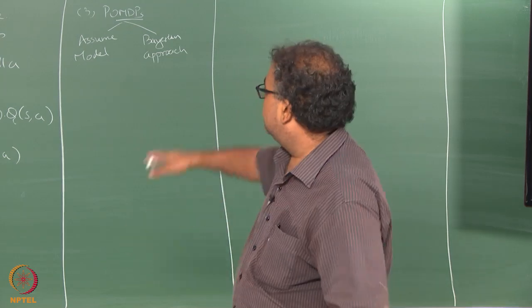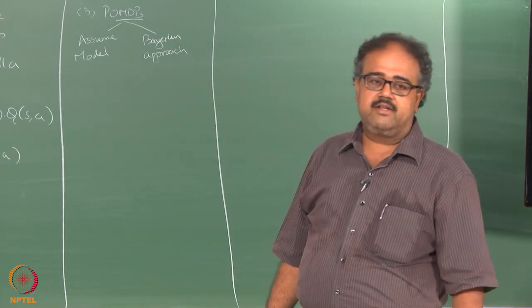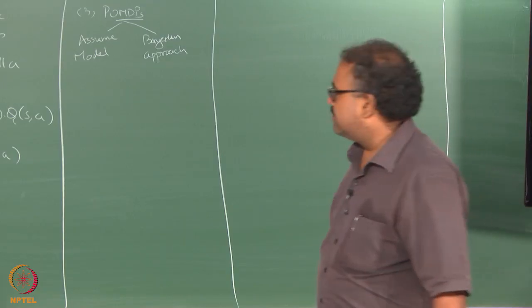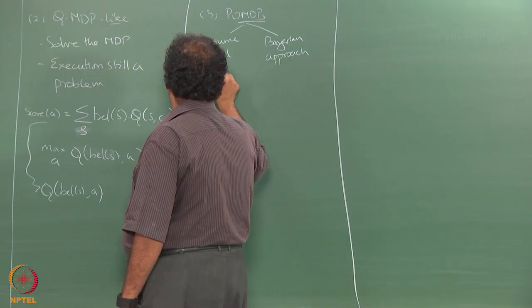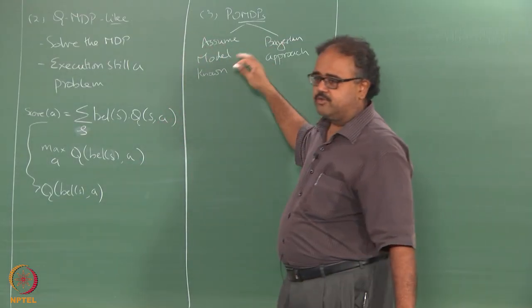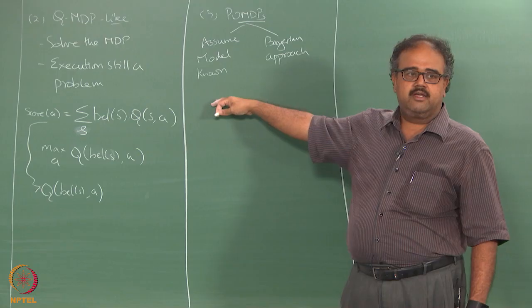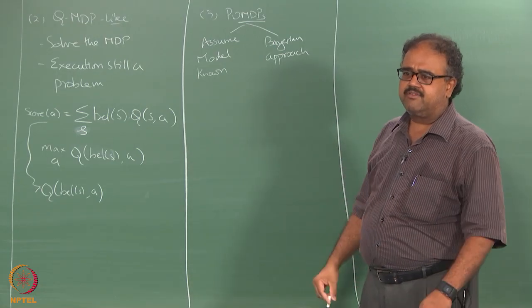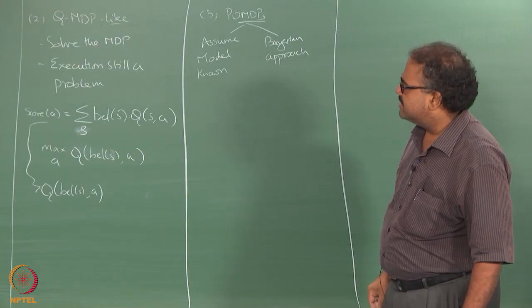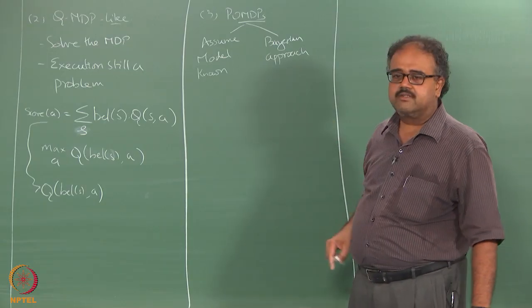So you could assume that you know the model and solve it, or you can take a Bayesian approach. Of course, you can take a non-Bayesian approach also when the model is not known. You can just do a frequentist approach, counting the number of times some things have happened and so on.